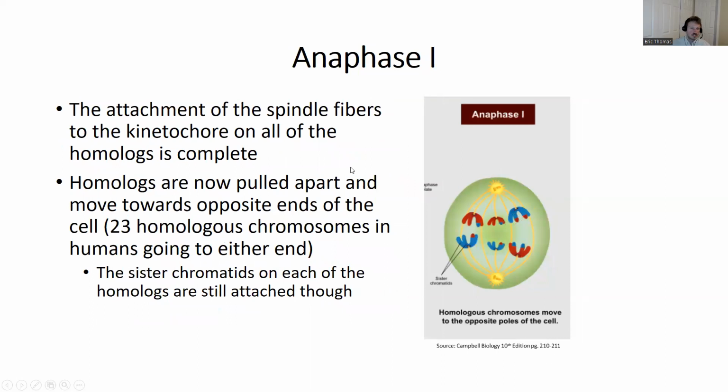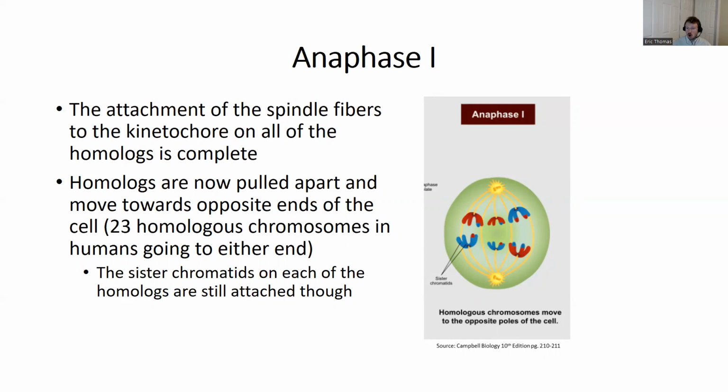So now the attachment of the spindle fibers to the kinetochore on all the homologs is complete. And the homologs are now pulled apart by the spindle apparatuses and pulled towards opposite ends of the cell. Right? Humans, diploid creatures, have 46 chromosomes, i.e., 2 sets of 23, one from the maternal, one from the paternal.